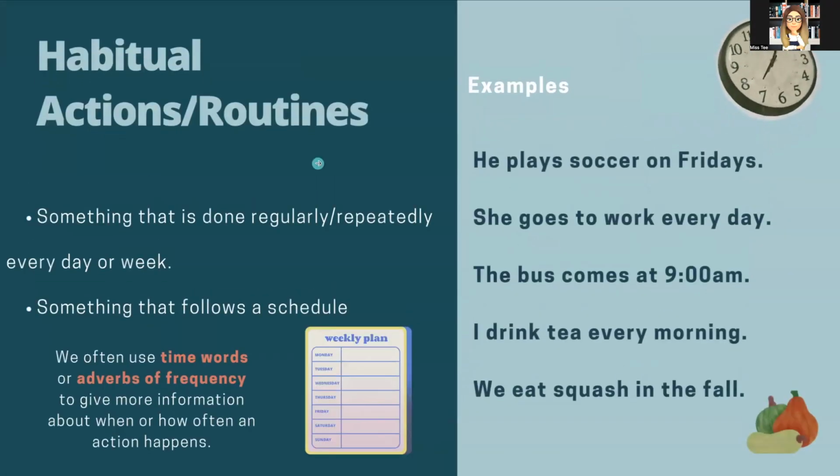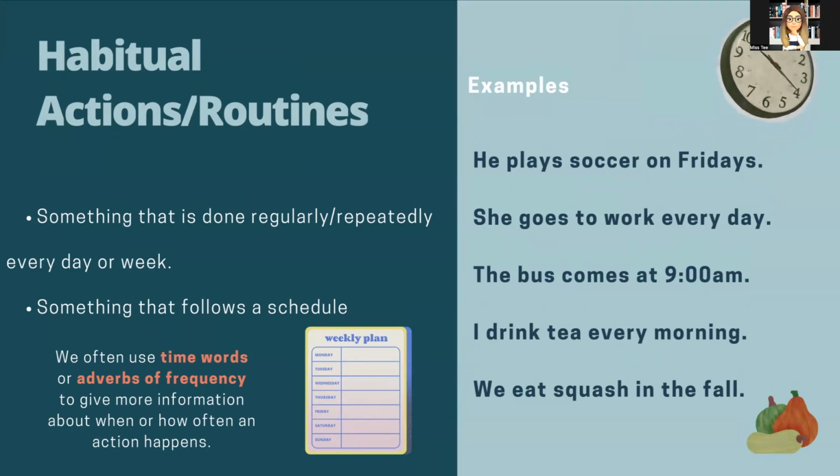Now, this is another case where we use the simple present tense. So we're talking about habitual actions, in other words, routines. So something that is done regularly or repeatedly, every day or every week. Something that follows a schedule. We often also use time words or adverbs of frequency to give more information about when or how often an action happens.